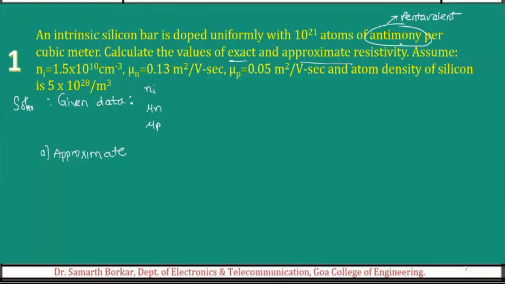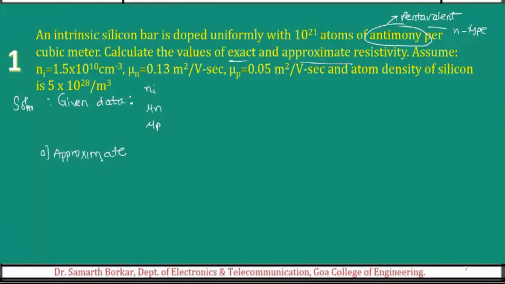So this material becomes n-type material. Now, if it is n-type material, we can assume that the number of holes is very small compared to the number of electrons. Now, when we assume something, the result we get is an approximate result.